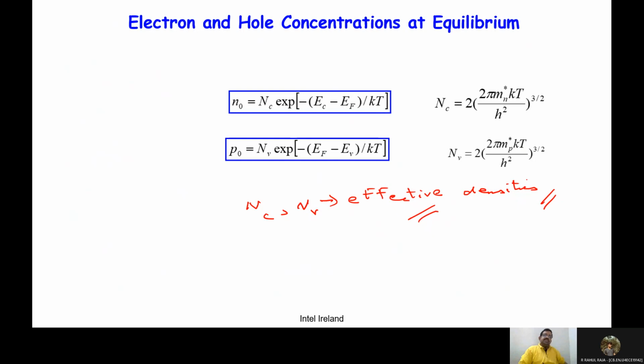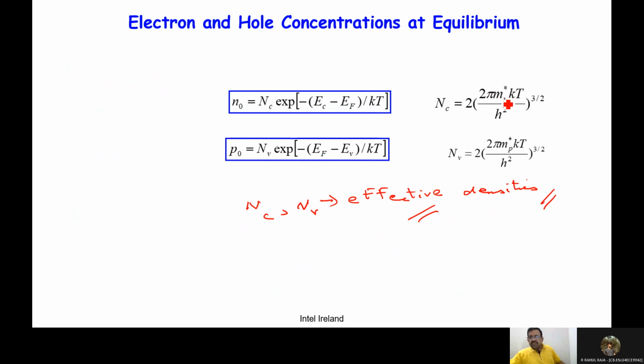There are plenty of states available, but not all of those states are participating in the conduction process. Therefore, we bring in this term, and at a given temperature it is going to be constant.